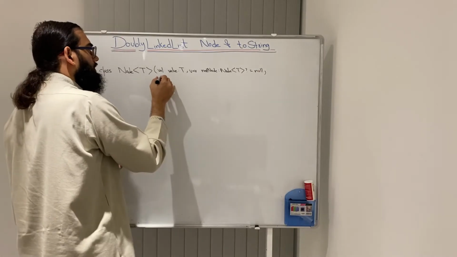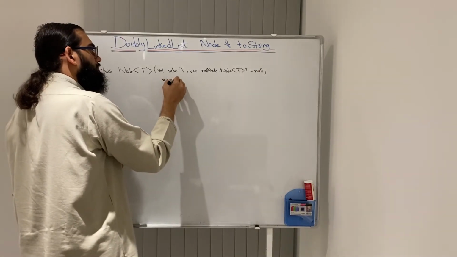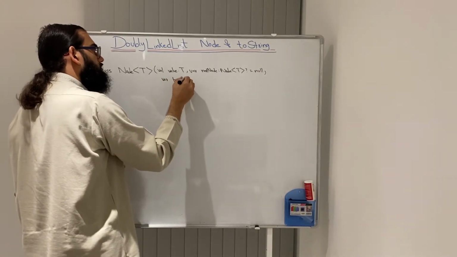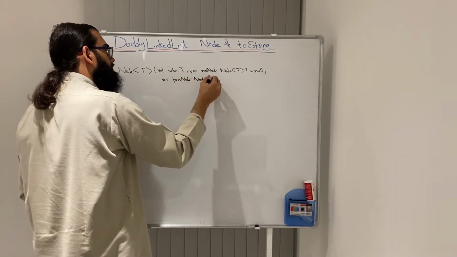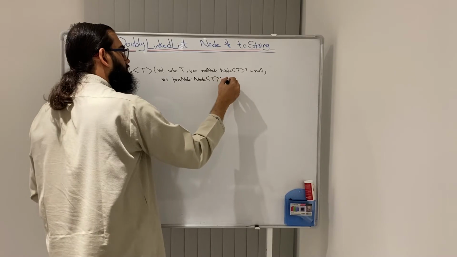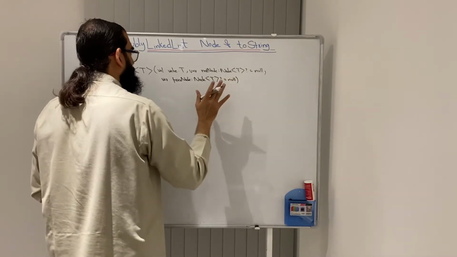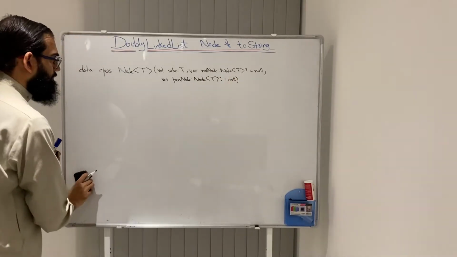And then the third one is variable previous node. So this is our node class.